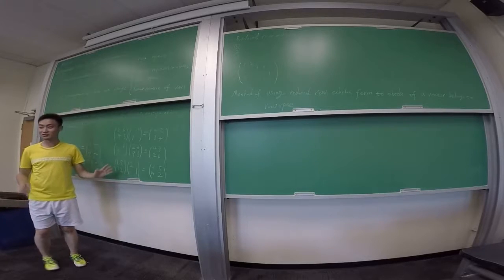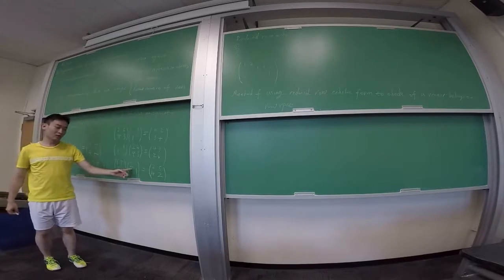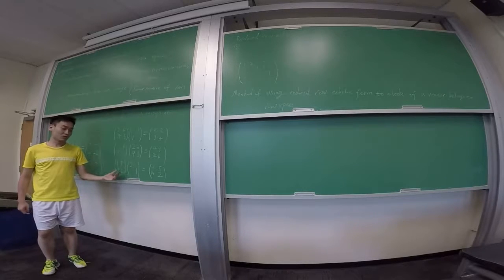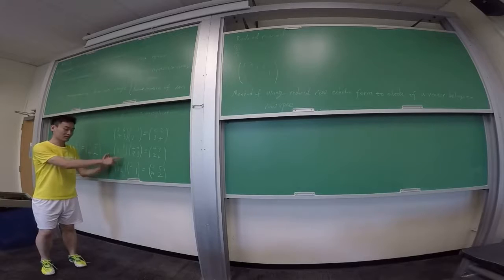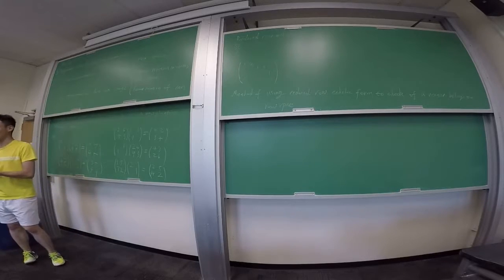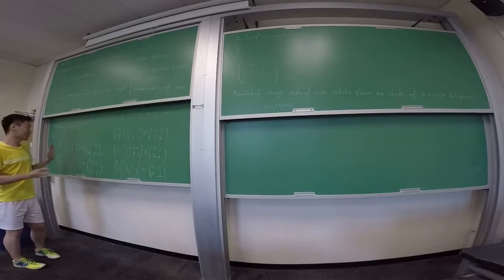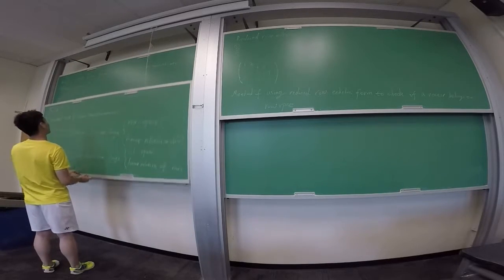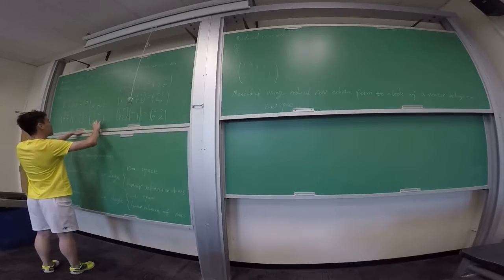On the right means column transformations, and we obtain this matrix from the unit matrix by multiplying the first column by 2. So when multiplying this matrix to that, it simply means you multiply the first column by 2. So the result is 2, 5, 14, 2. So those are elementary matrices, and how do we use them to calculate something?